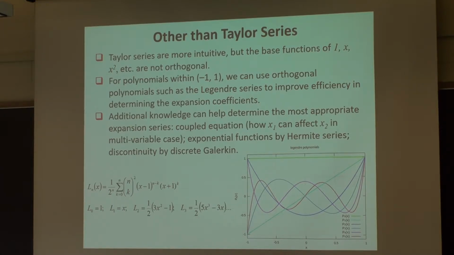If I'm only interested in the behavior from -1 to 1, there are polynomials that are orthogonal. What does that mean? For each base function, when you integrate over that same period, if you integrate by itself, it's 1. If you integrate with any other function, it's 0. It's orthogonal. There are choices of orthogonal polynomial functions.